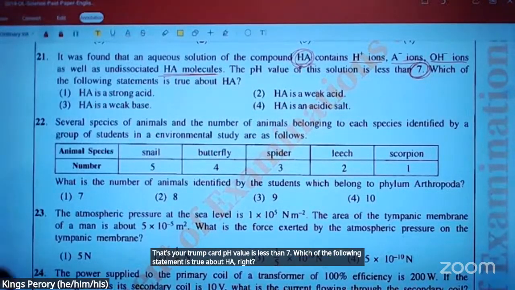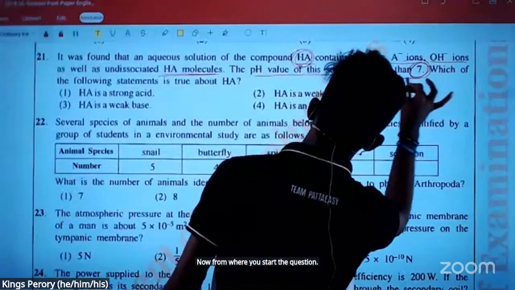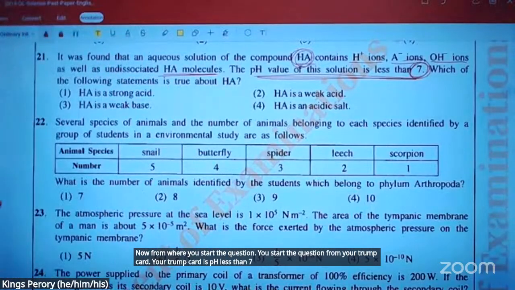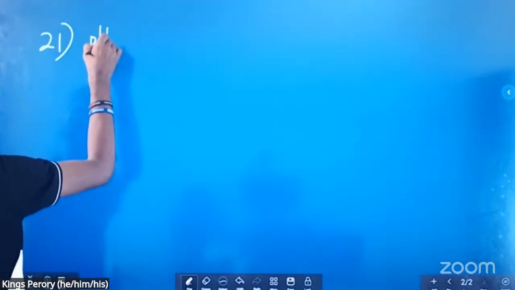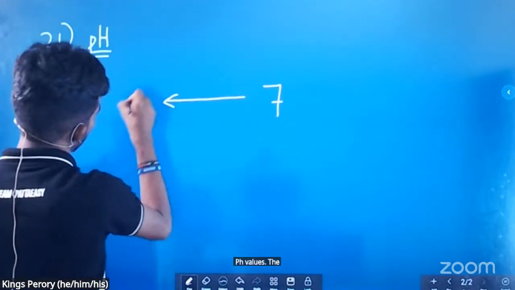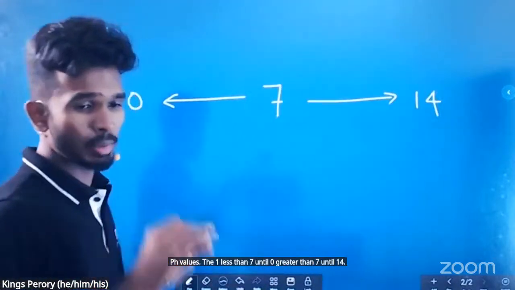Now, where do you start the question? You start from your trump card: pH less than 7. pH values: 7 is neutral, less than 7 until 0, greater than 7 until 14. Can you remember the shortcut I taught you?